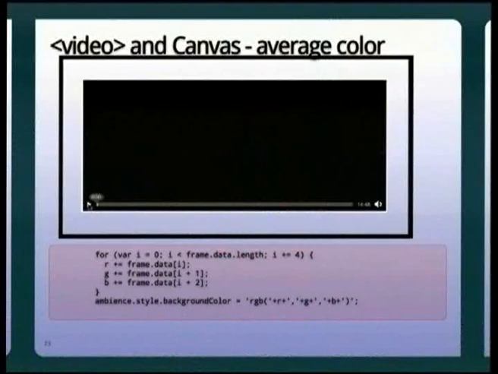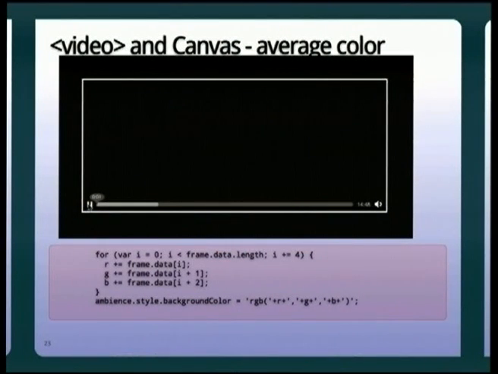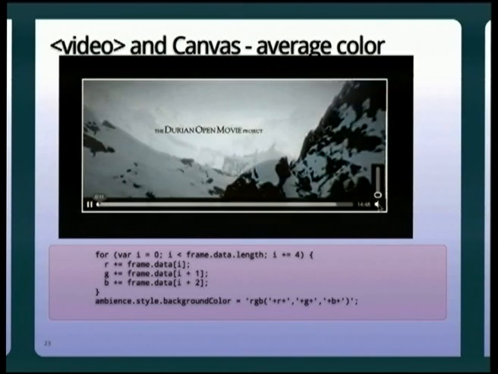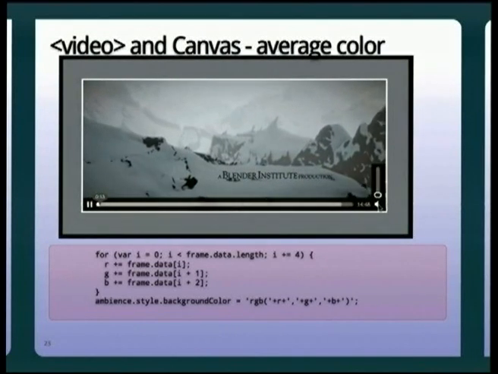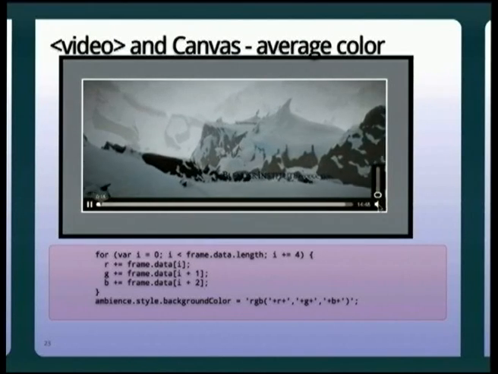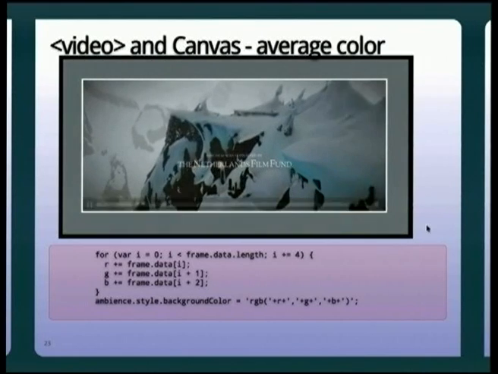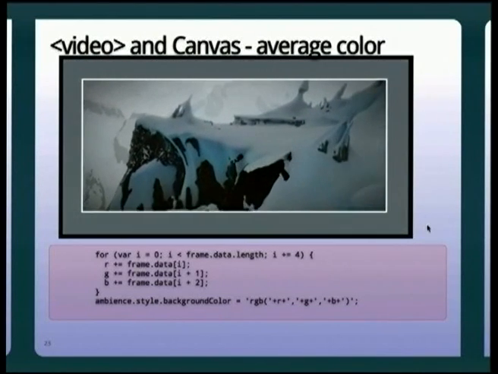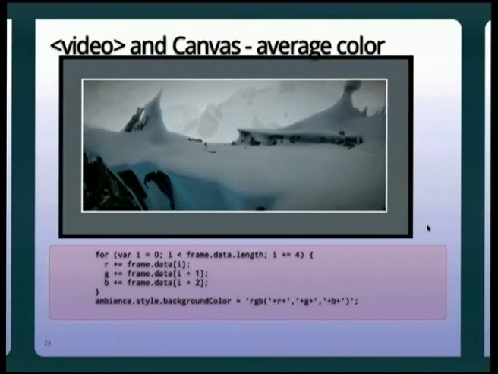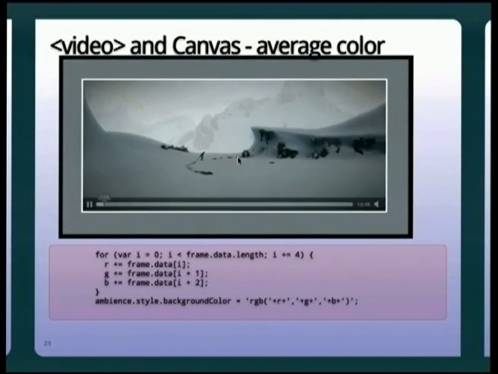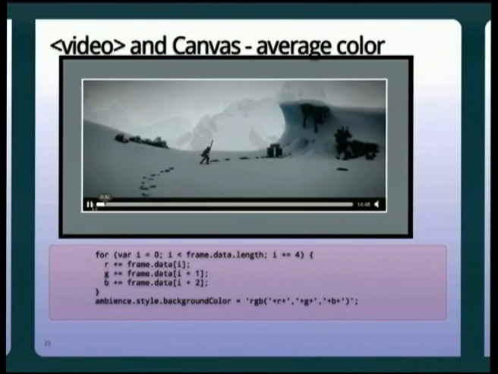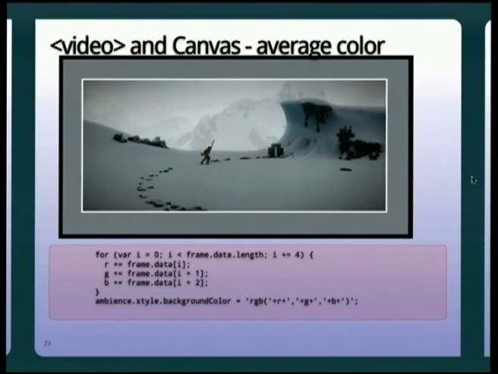Here, for example, I've used that to do an average color calculation, so that on the outside we get sort of an ambient color around the video, making the video look just a little bit nicer and a bit fancy. So this is, by the way, the newest Blender film, Sintel, in case you're interested. You might want to check that out as well.